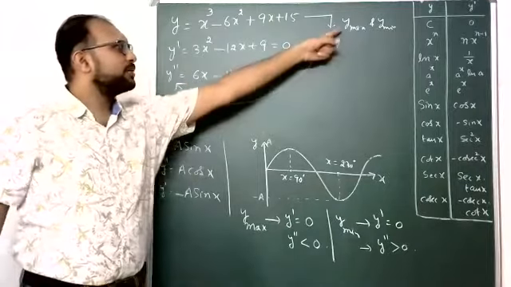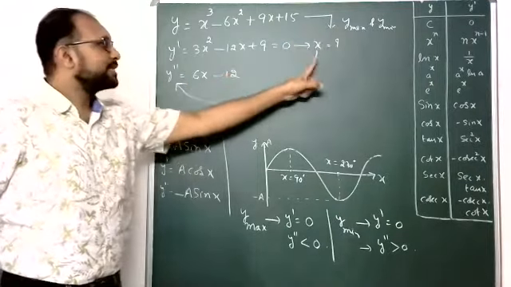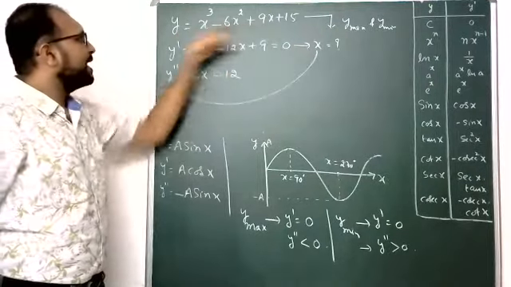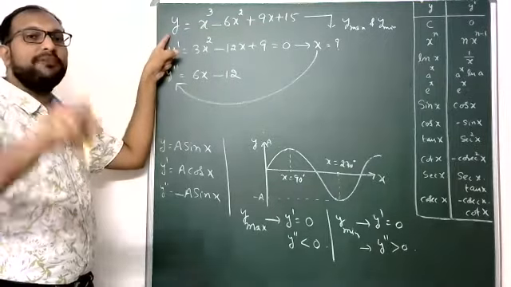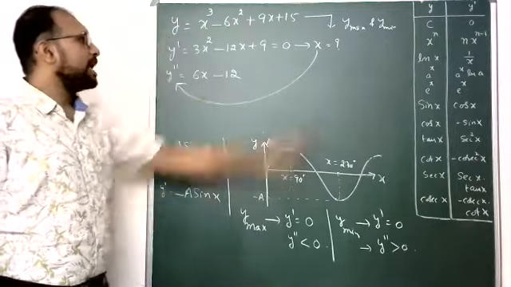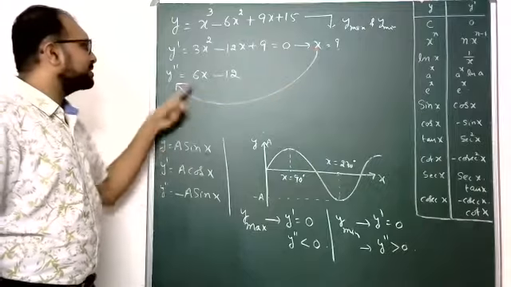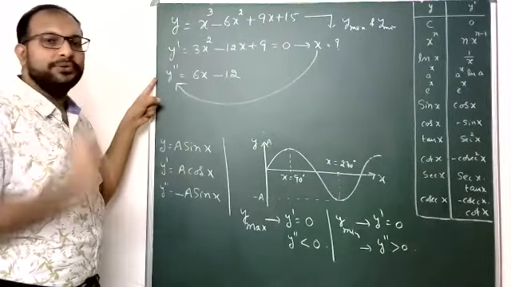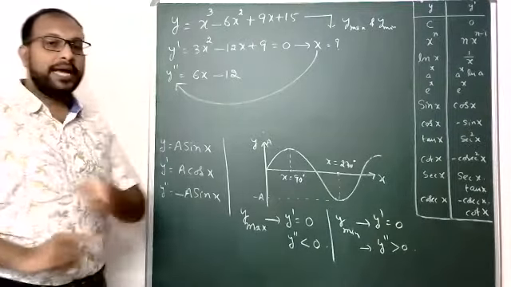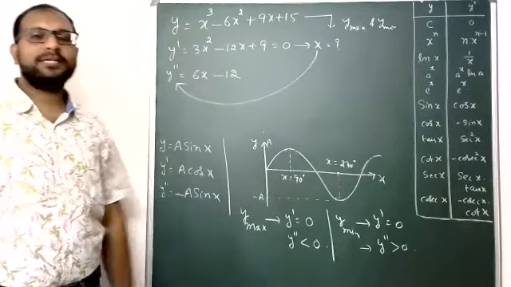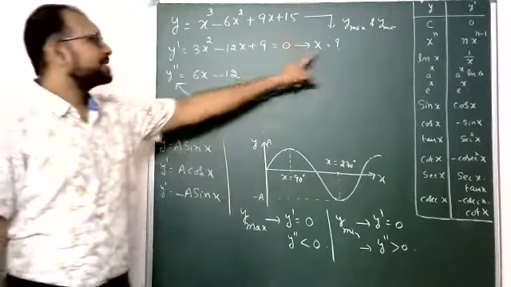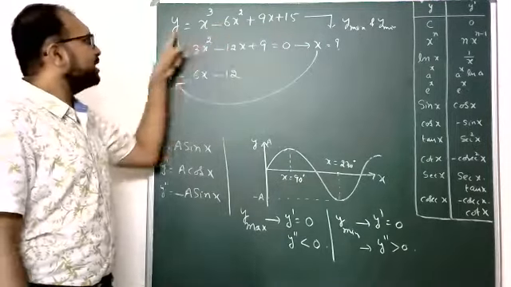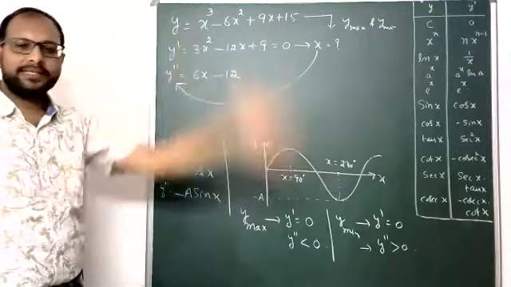Definitely that is related to y maximum, means that x value again substitute in y, you will get a maximum value of y. Suppose after substitution of x, y double prime is positive, then y will get the minimum value at that point of x. That's why x substitute here, then you will get a minimum value of y.